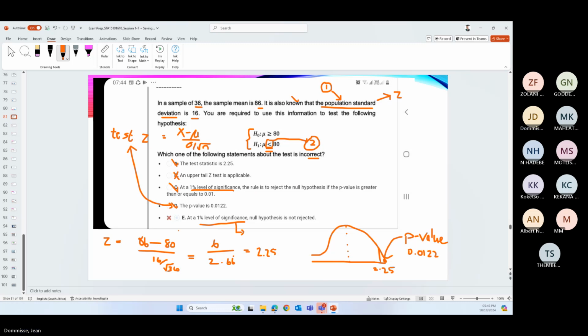And then at the 1% level of significance, the null hypothesis is not rejected.